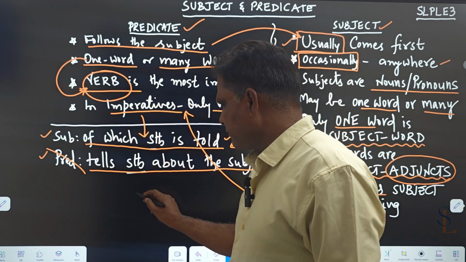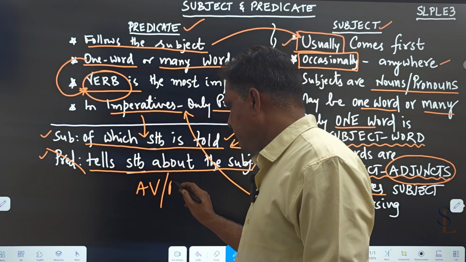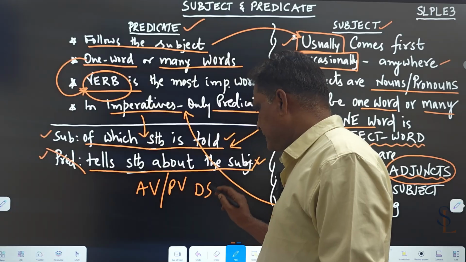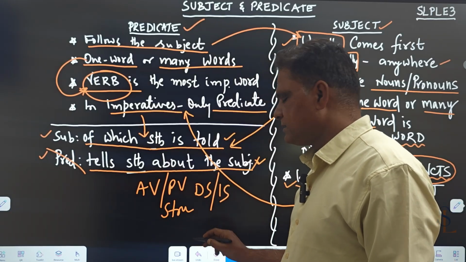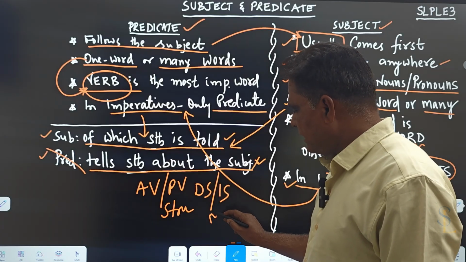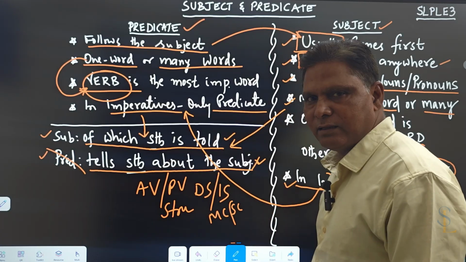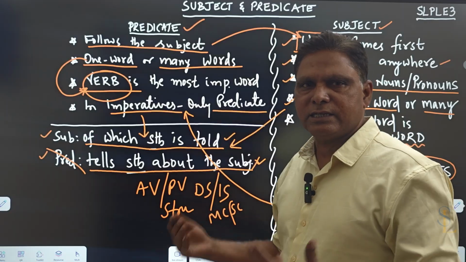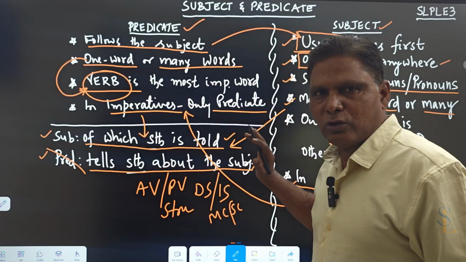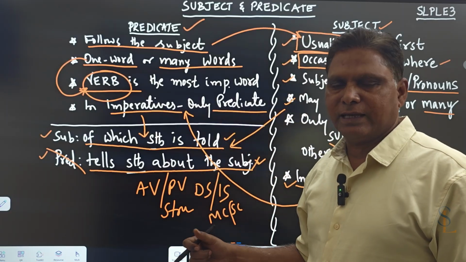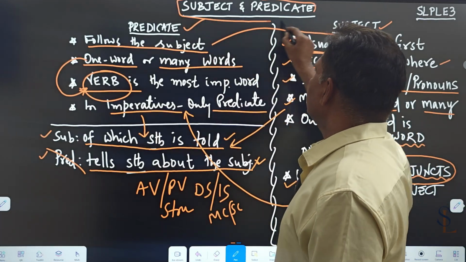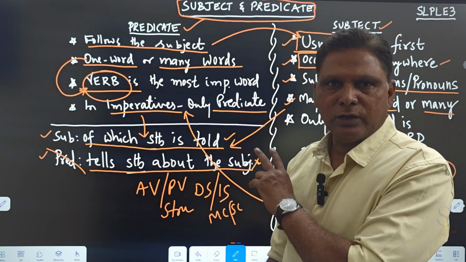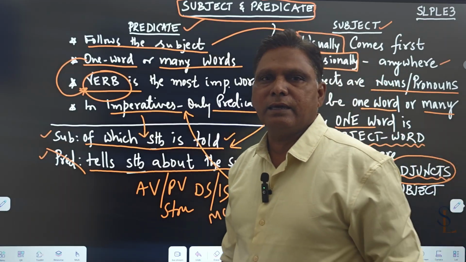So everywhere, when you're talking about active voice and passive voice, direct speech or indirect speech, the structure of sentences, main clause, subordinate clauses, noun clause, adjectival clause, whenever you're talking about any part of grammar, these two words will trouble you again and again.